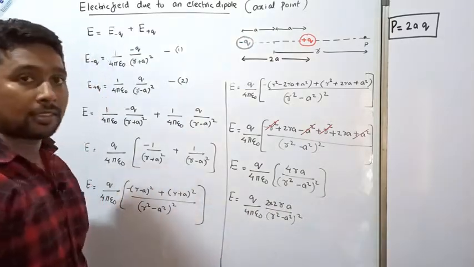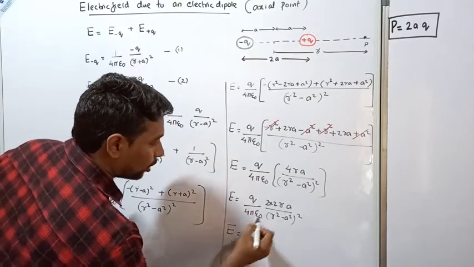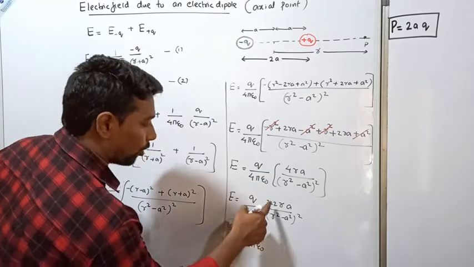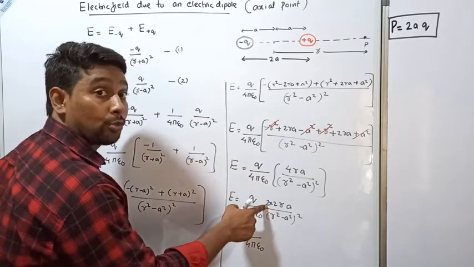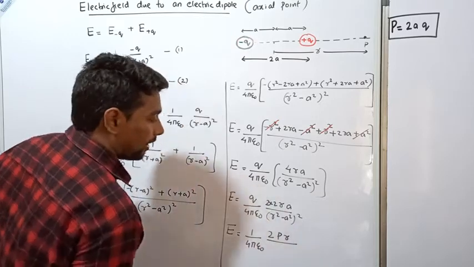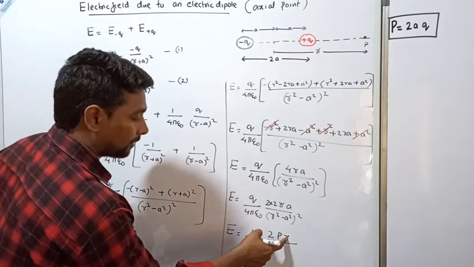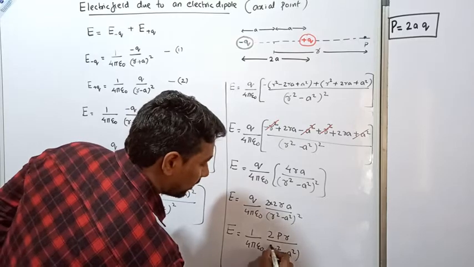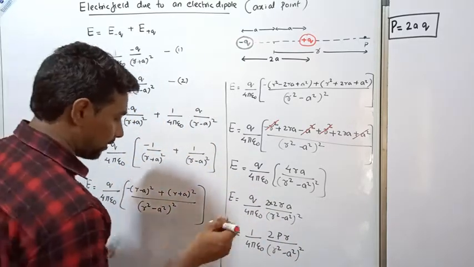That means the equation becomes E equal to 1 by 4 pi epsilon 0 times 2pr, where instead of 2aq we write p and r remains here, divided by (r square minus a square) the whole square. This is our equation.